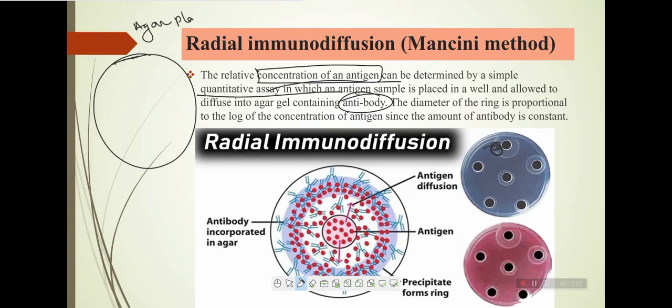This is the agar plate containing antibody. When we make a solution of agar, we mix the antibody into that solution. Suppose number one is a person who has a flu virus.